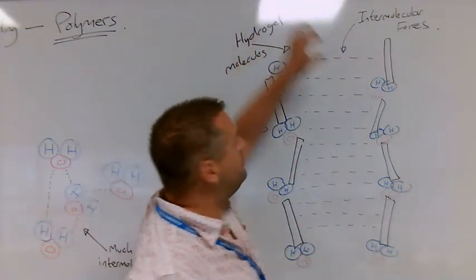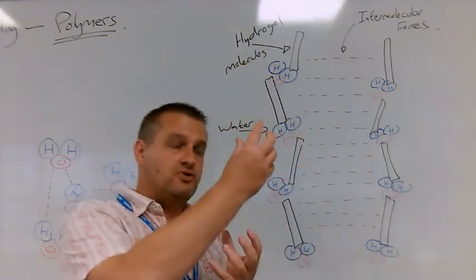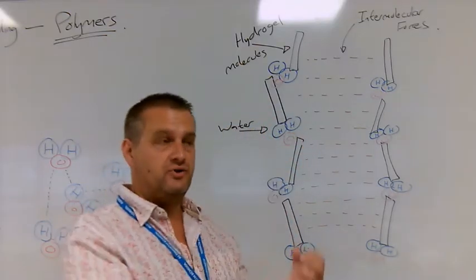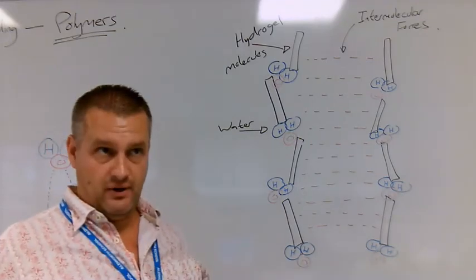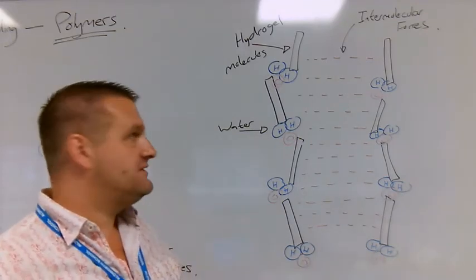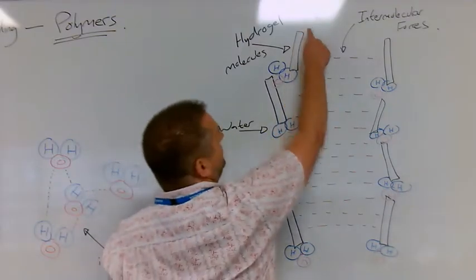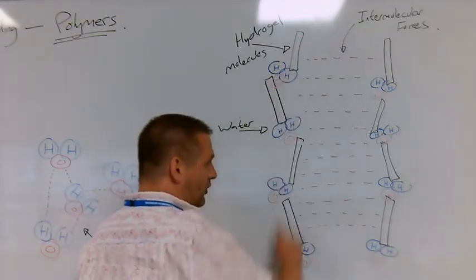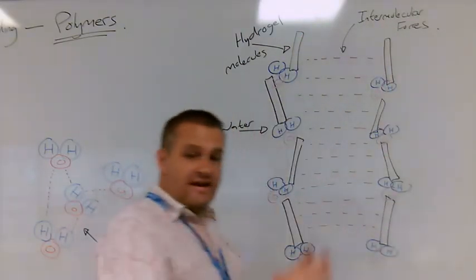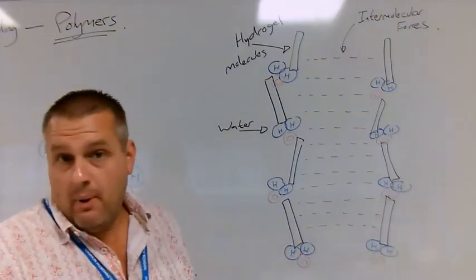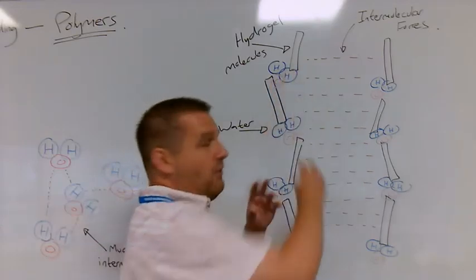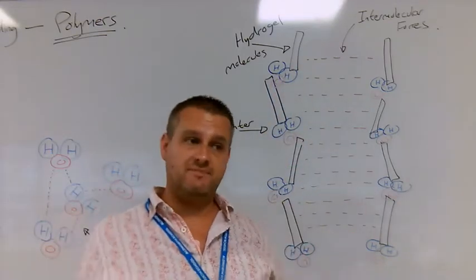These hydrogel molecules bond to the water, and the water bonds to more hydrogel molecules, and basically you create one very long molecule rather than lots of little ones. So you effectively get lots of these long chains. That process is called polymerization. What we are doing is taking small molecules and joining them together to make much bigger molecules.